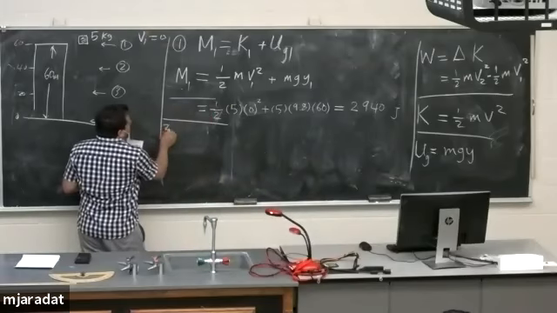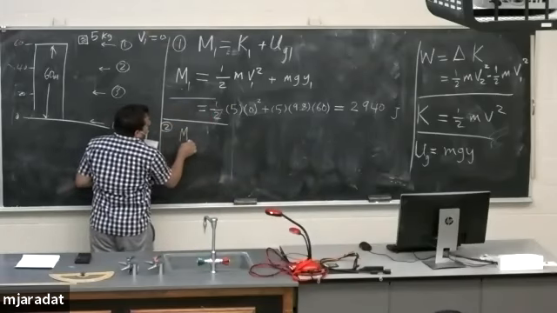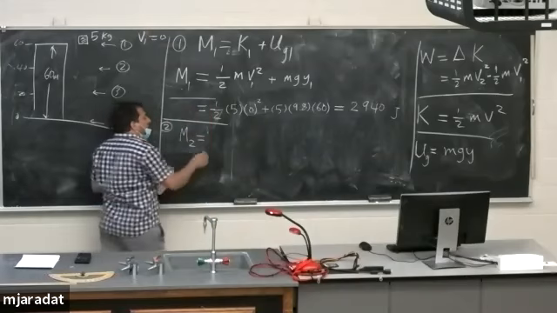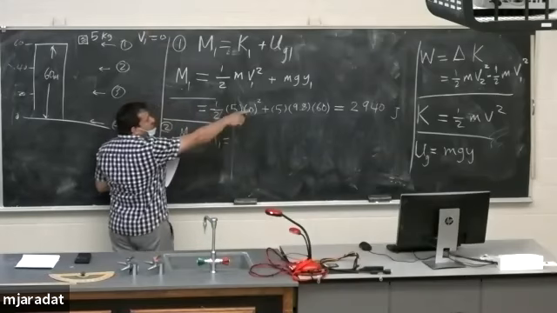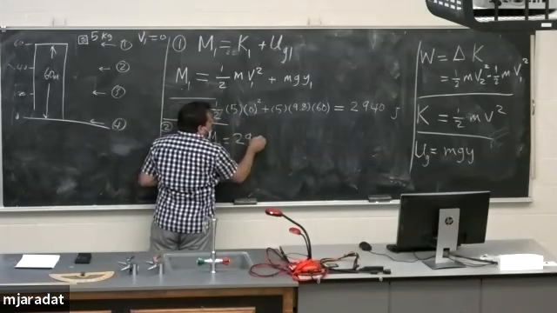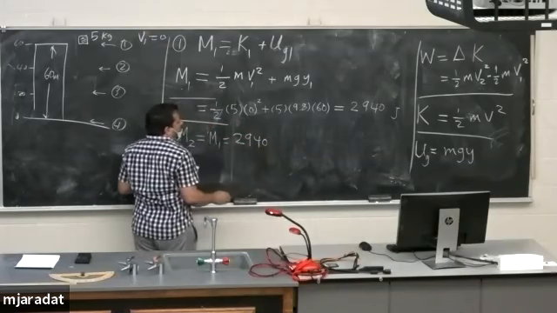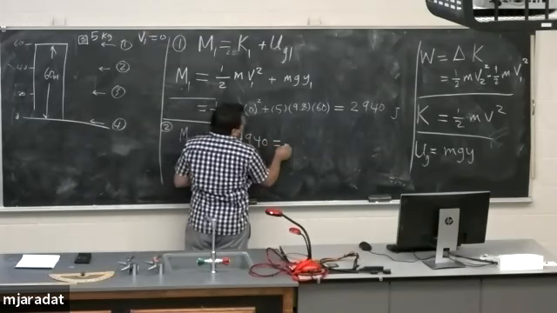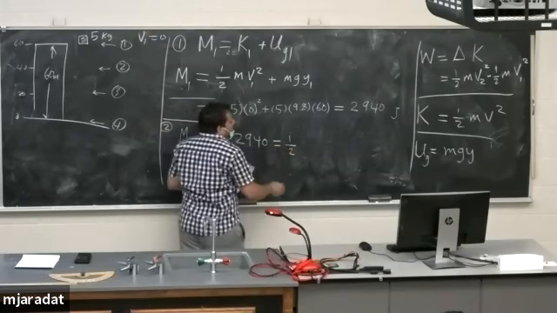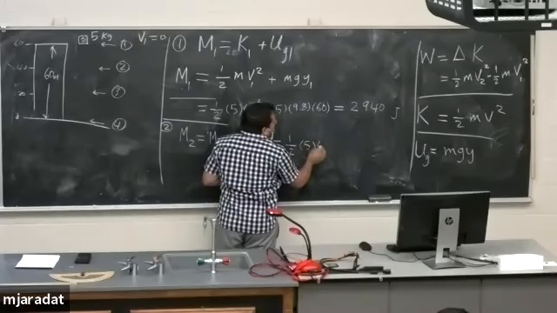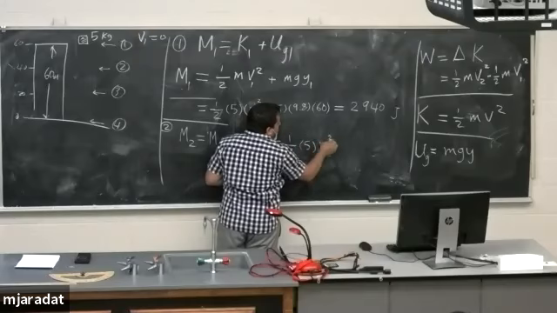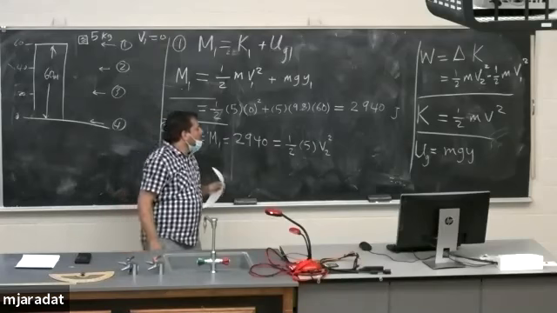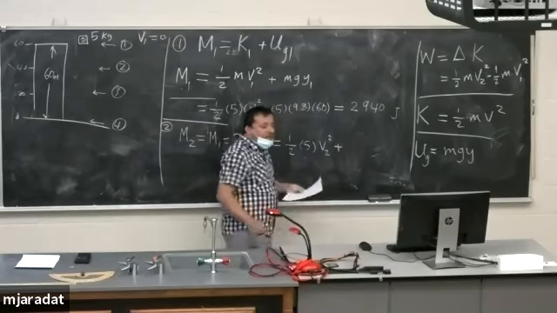Now at point 2, the mechanical energy at point number 2 should be equal to the mechanical energy at point number 1, which is 2,940 joules. That should equal the kinetic energy, 1/2 times 5 multiplied by V2 squared, and I don't know how much V2 is, plus the potential energy at that point.